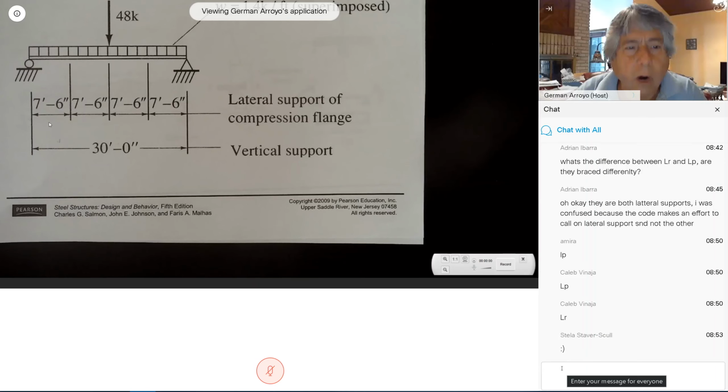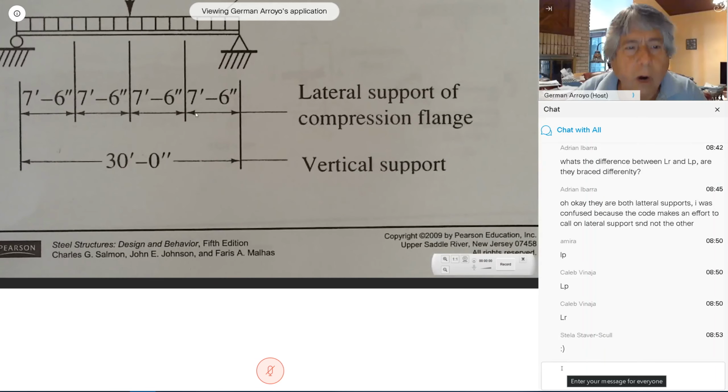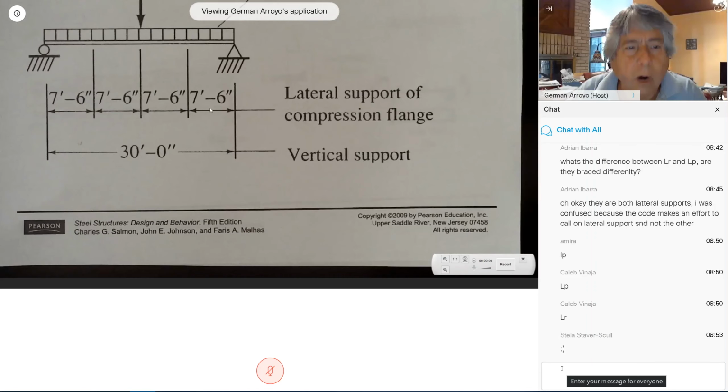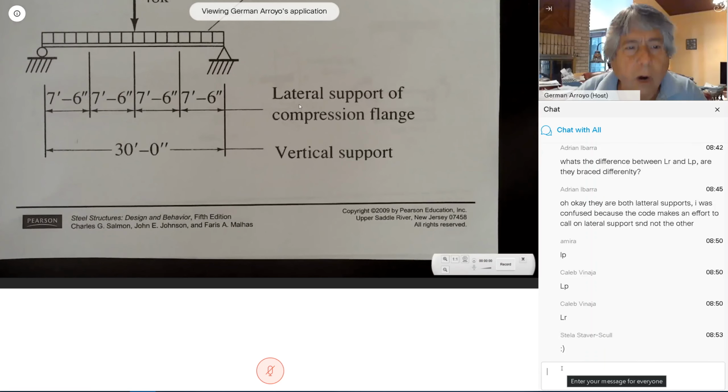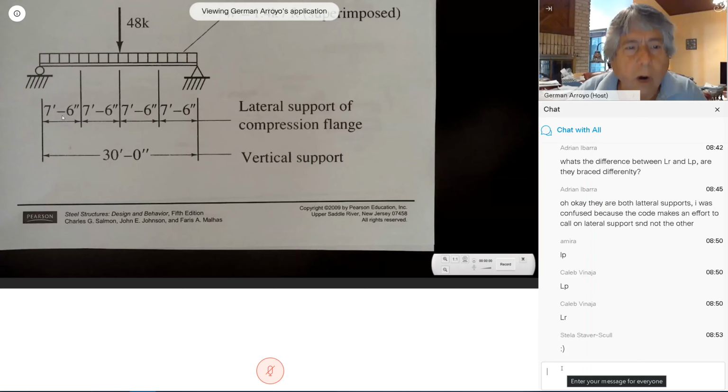So these 7.6, 7.6, 7.6, all of them, they are L sub B. These are where the braces are, and that's why I said lateral support. The moment diagram doesn't change. The moment diagram is still a parabola. So there is a portion of the moment diagram in here, a portion in here, a portion in here.